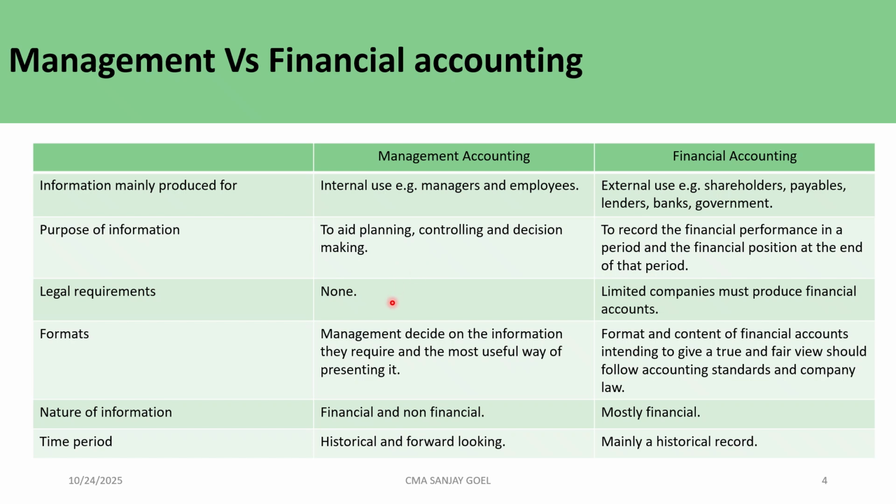There is no legal requirement, and the format is decided by the management because it is useful for internal purposes. The nature of the information may be financial or non-financial. The time period: it is forward looking, for making decisions.